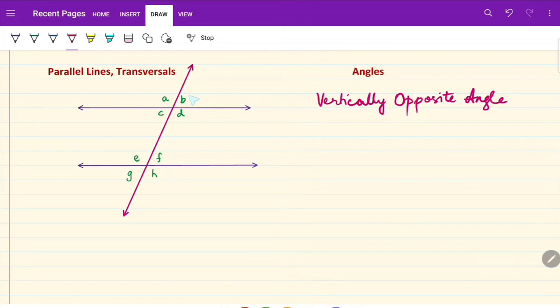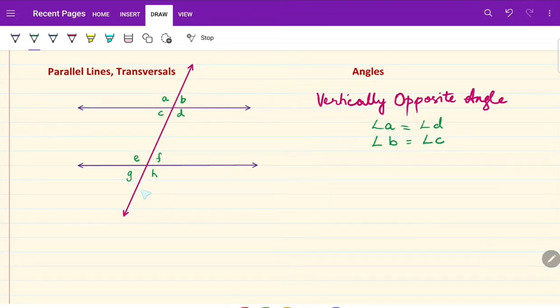Likewise, angle B and angle C are vertically opposite to each other. And by the theorem on vertically opposite angles, each of these two angles will be equal to each other. Therefore, angle A will be equal to angle D. Likewise, angle B will be equal to angle C.